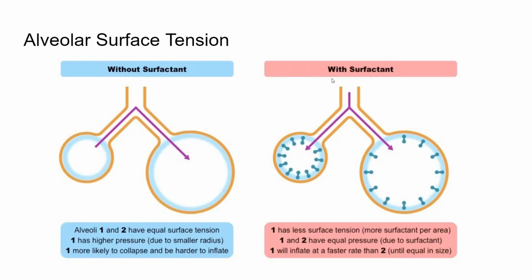A second thing that can cause you to have to use more energy when you are breathing is something called alveolar surface tension. And this has to do with water. And so when we talk about water, the surface tension of water is basically the attraction of the water molecules to each other, particularly when it comes in contact with a gas.